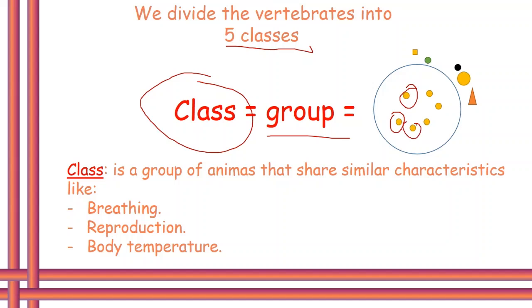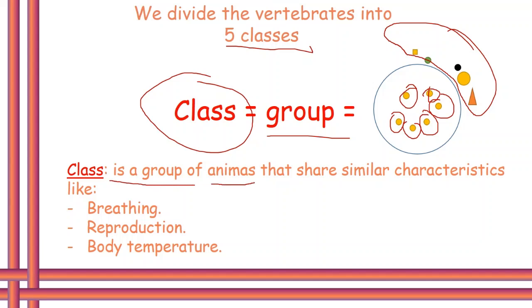You notice that these circles all are similar and they are different from the other items outside the circle. Okay, so the class is a group that has similar items. In our lesson, the class is a group of animals.